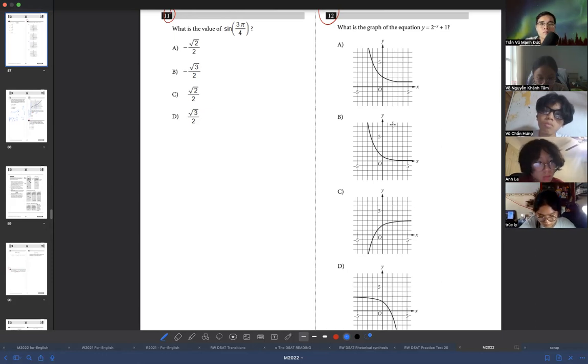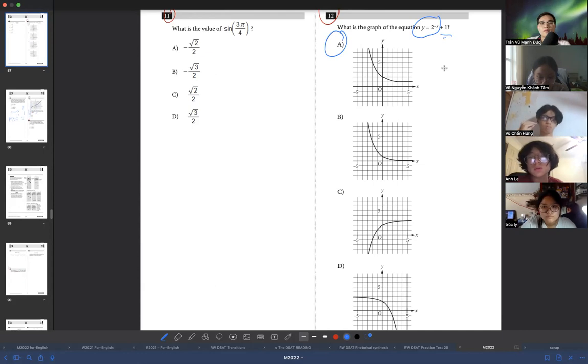I think I chose A. A, let's see. Firstly, how did you come about A? Did you just circle this out and then plus 1? I plugged in x equals 0, and you get 2. 2, exactly, because 2 to the power of 0 is 1, plus 1 is 2.